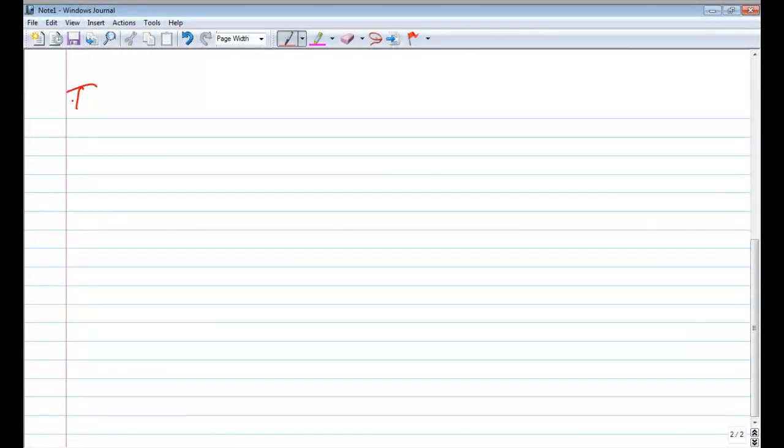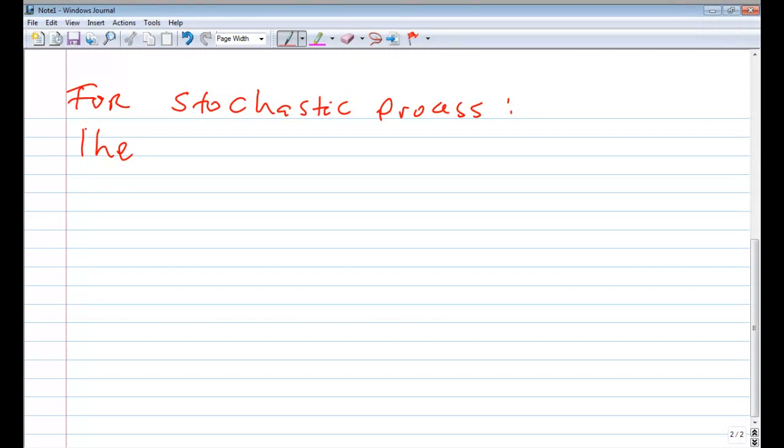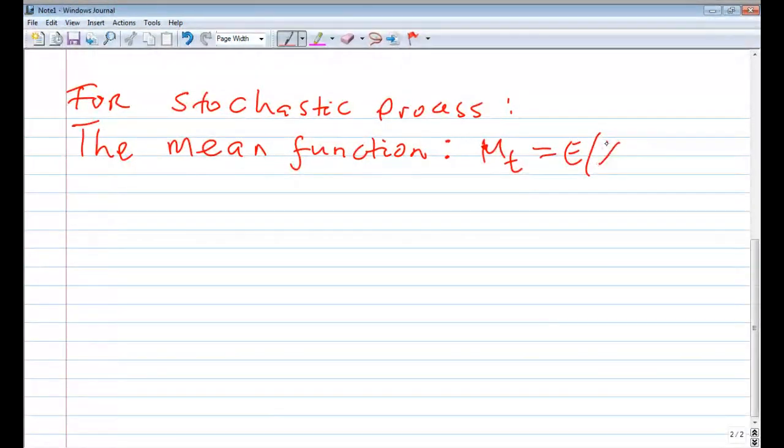Now, for a stochastic process, when you want to define your mean, the mean function under a stochastic process is defined by mu t, which is equal to the expected value of Xt, where t is ranging from 0, 1, 2, up to infinity.